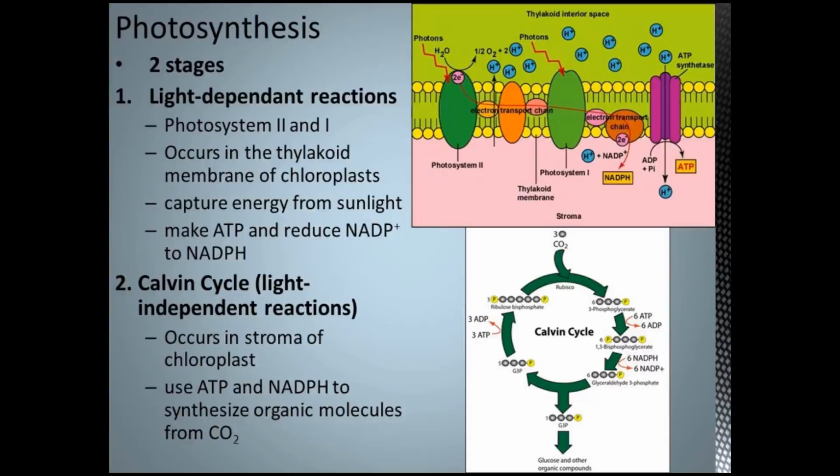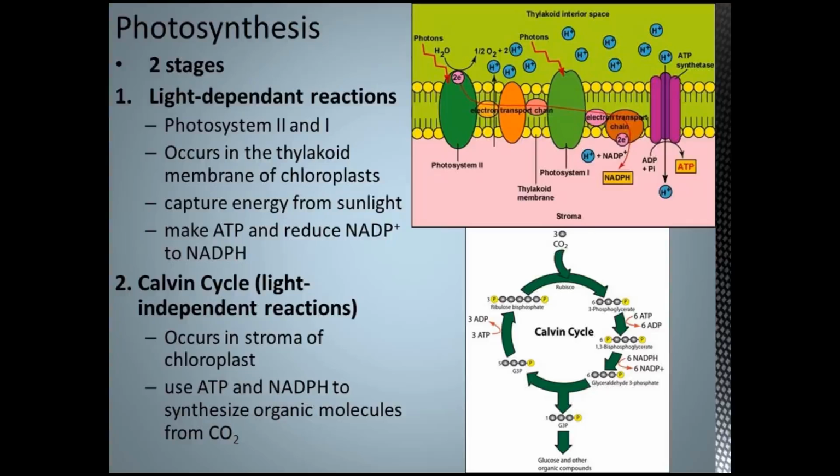The structure of the chloroplast is such that the light dependent and light independent reactions take place at different sites in the organelle. One is light dependent, another is light independent.